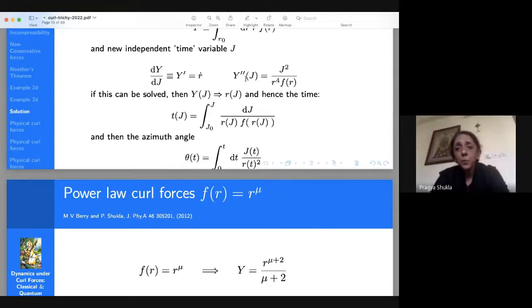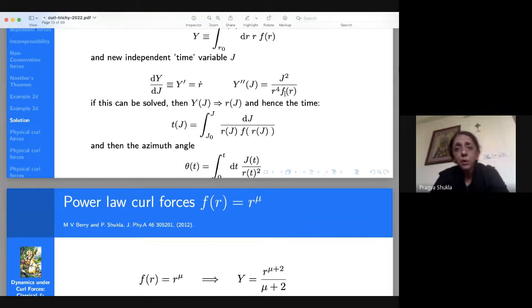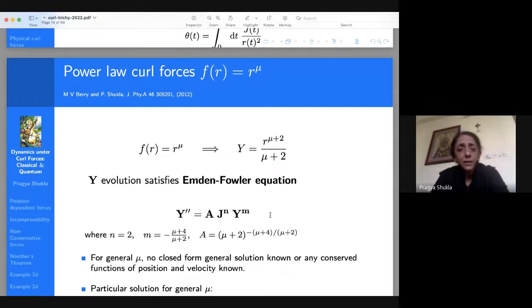When you substitute y double prime of j here, because I was talking about j squared only, r to the power f of r, this is the more generalized form of the Emden-Fowler equation. So the equation I'm talking about corresponds to n equal to 2 of the Emden-Fowler equation, and m is also a specific value, and A is also of specific value.